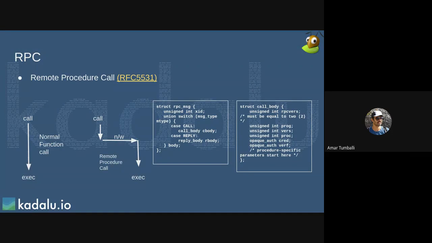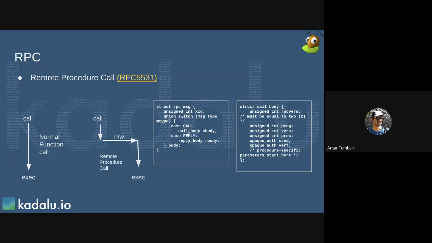This is the idea of a remote procedure call. How to implement it is something applications decide, but RPC gives a standard for implementing this and a basic protocol on that. That is what is written in the table here.